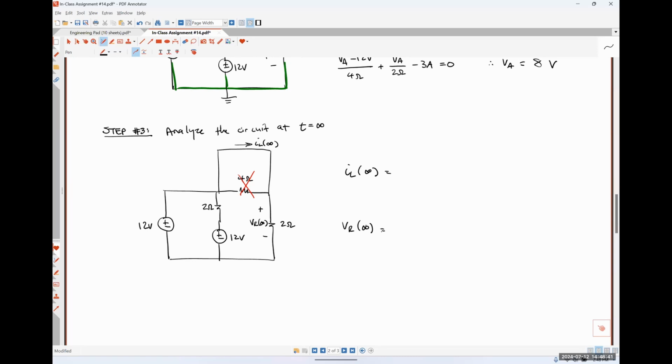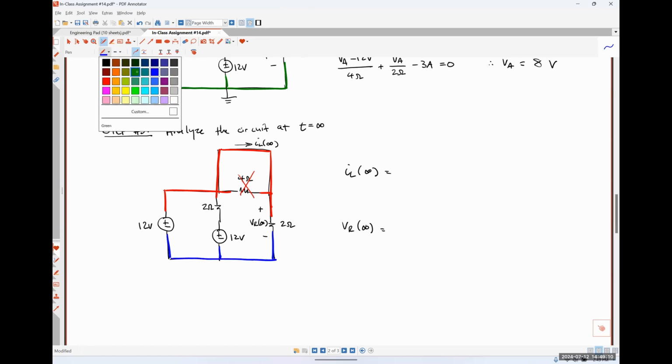Okay, so I'm going to identify my nodes. So there's one node. Here's another node. And then here's my last node.